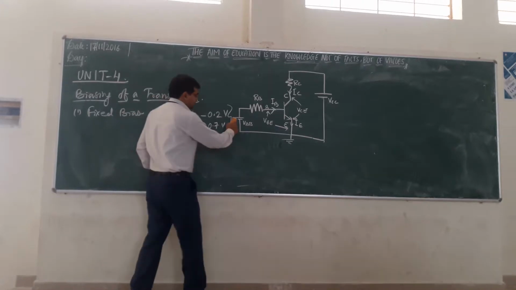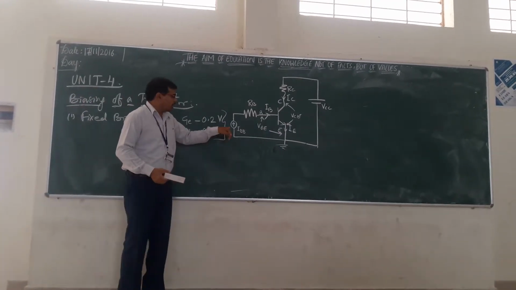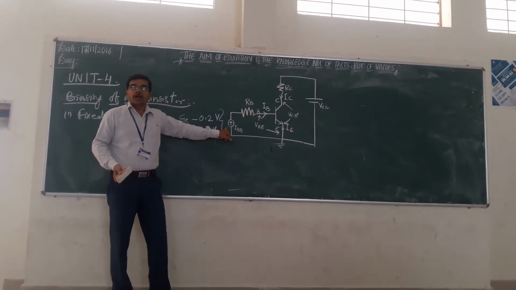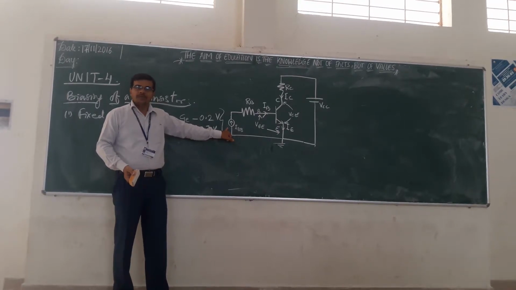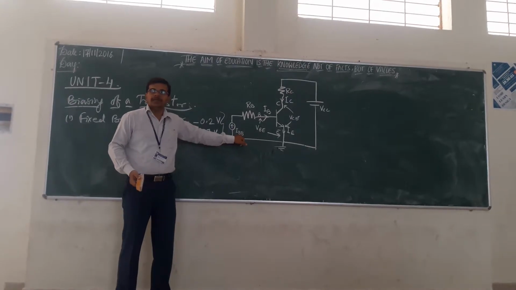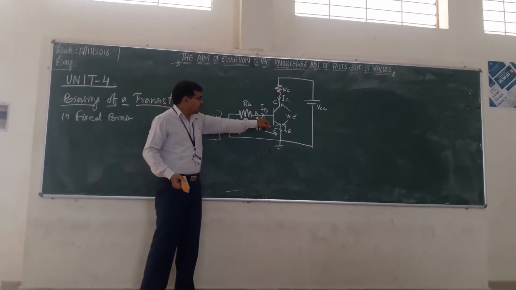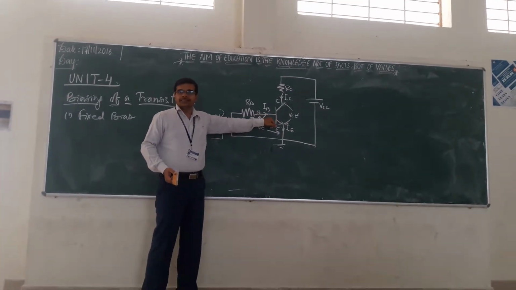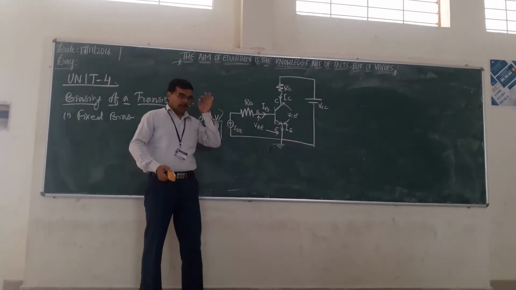What changes will we make? We introduce a current source, say IBB. IBB is the current source. Here you have IB, the base current.